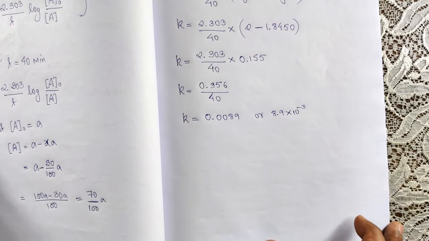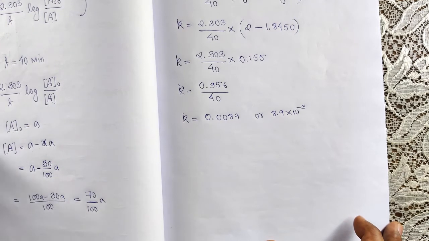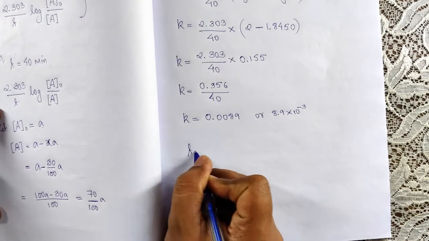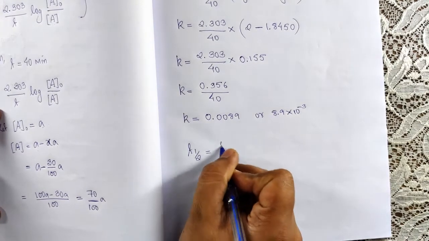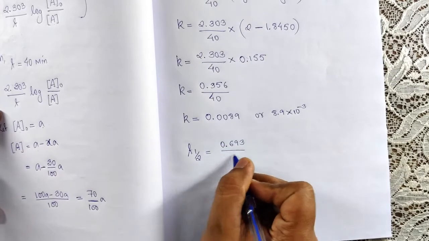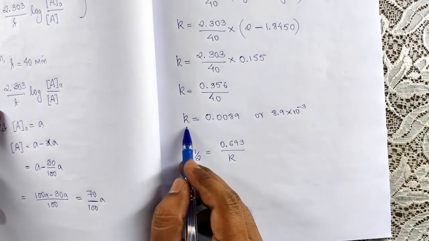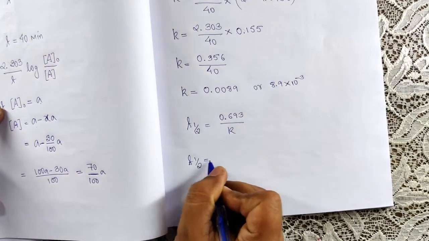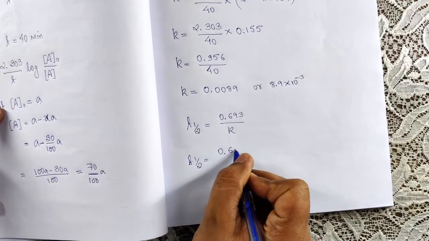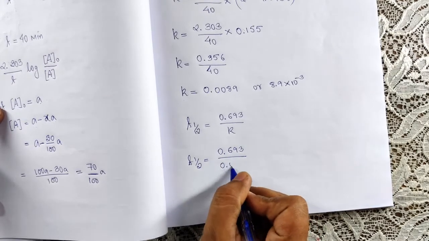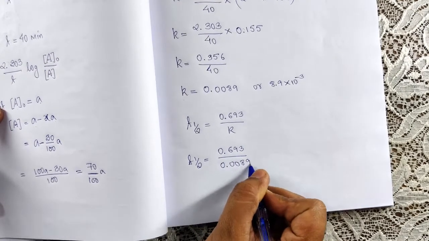Now what is the second part of the question? The second part of the question is to find half-life. So T half is equal to 0.693 by K. We already calculated K. So T half is equal to 0.693 by 0.0089.